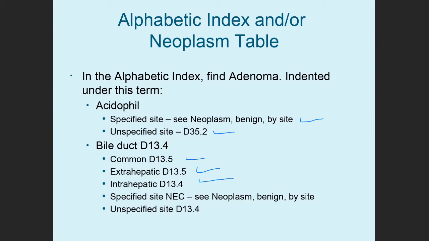If it says specific site NEC, so it gives you a specific site, but that specific site is not common, extrahepatic, intrahepatic, in that case, you go back to the neoplasm table and find that NEC site and use that code. If there's an unspecified site, you use the D13.9. So sometimes you go to the neoplasm table and sometimes you don't. That's what makes this confusing.